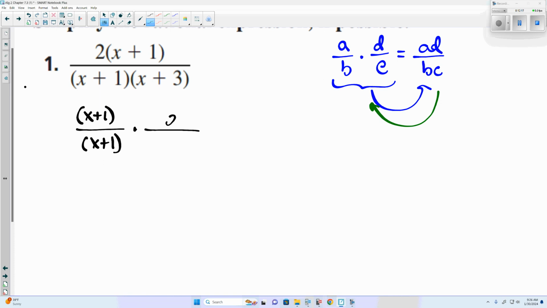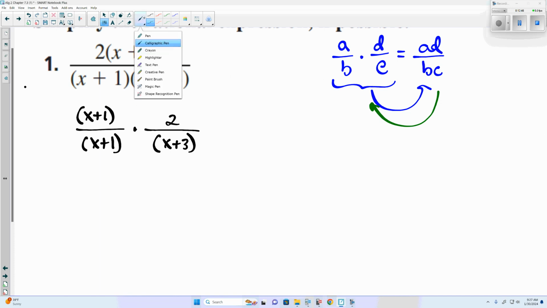What we have left on top is 2 and on the bottom our x plus 3. Because x plus 1 and x plus 3 would multiply back together to give us what we started with, yes? 2 and the x plus 1 would multiply back together to get us what we started with. Because with multiplication, we can pull them apart, put them back together, just sit them next to each other, because they are just multiplying, yes?